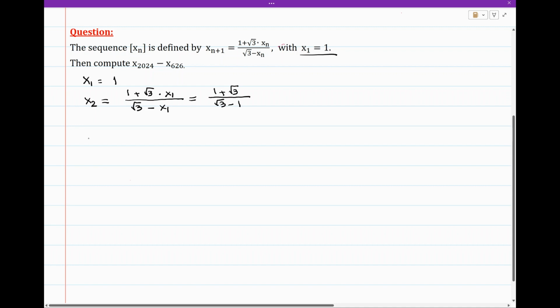Similarly, x3 will be dependent on the value of x2, and by the given formula, it is equal to (1 plus square root of 3 multiplied by x2) whole divided by (square root of 3 minus x2).